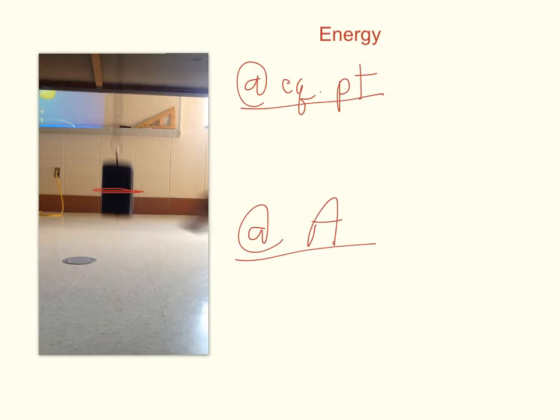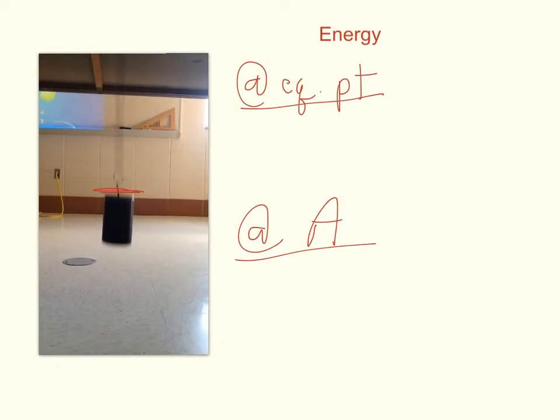It hasn't been stretched or compressed any additional amount. Whereas at the amplitudes, like there or there, the spring is at its maximum compression or it's been stretched to its maximum amount.